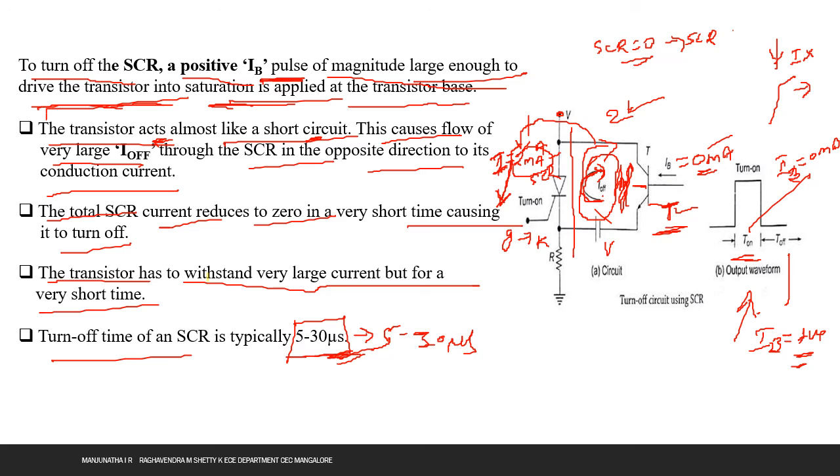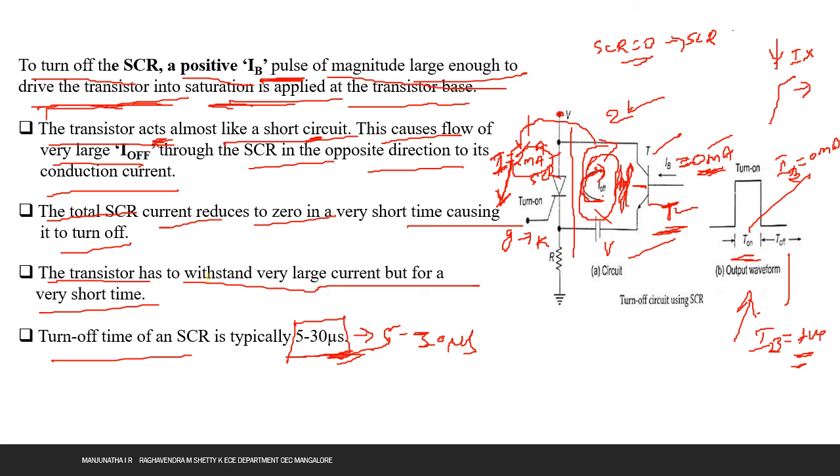Overall, the SCR is previously in the turn on condition with some current across it, and we want to nullify that current. That is possible because of this voltage source and transistor. When the SCR is turned on, IB is 0. We want to turn the SCR off forcefully, because it is forced commutation, so we give some positive IB current other than 0 milliamps.